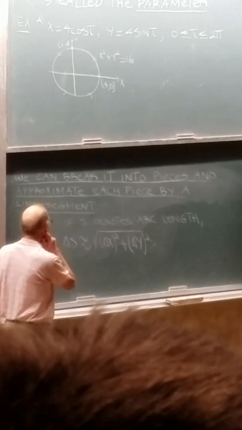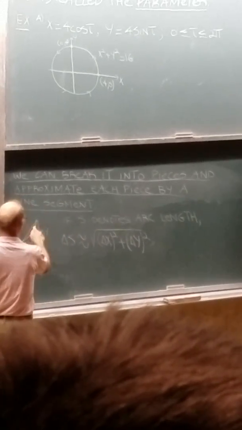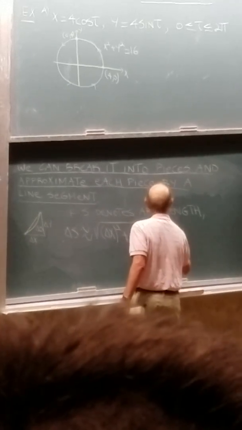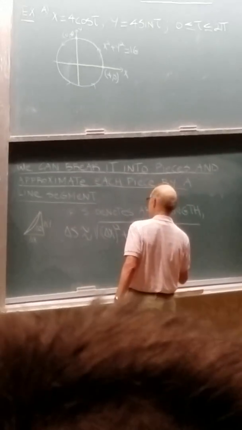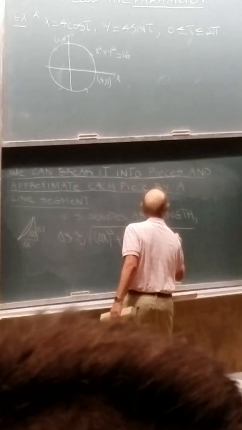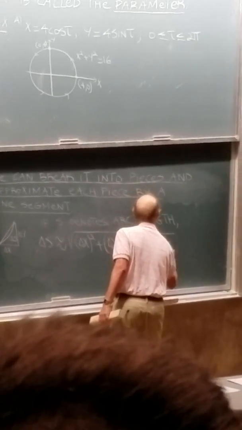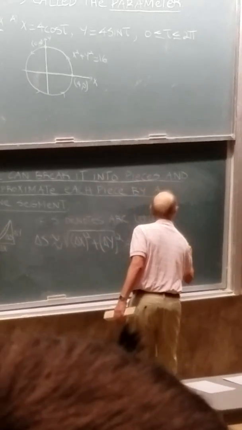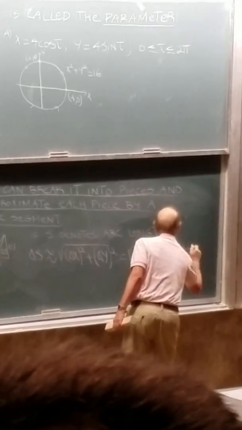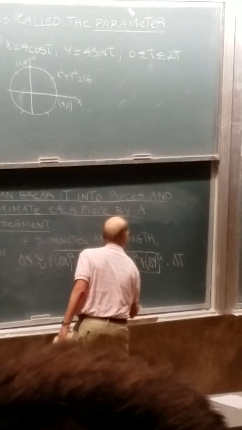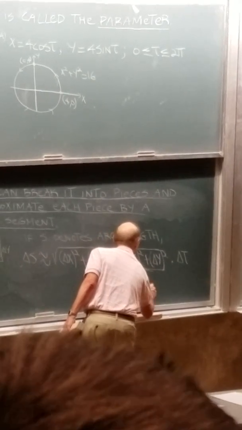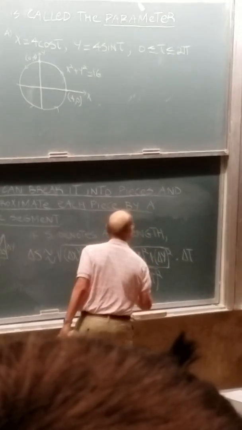Now, this is an approximation of the length of this piece of the curve. And then what we can do here is multiply and divide by delta t. So we can write this as the square root of delta x squared plus delta y squared, multiplied by delta t and divided by delta t. Since delta t is positive, I can write delta t as the square root of delta t squared.